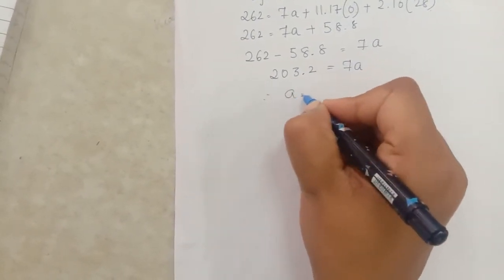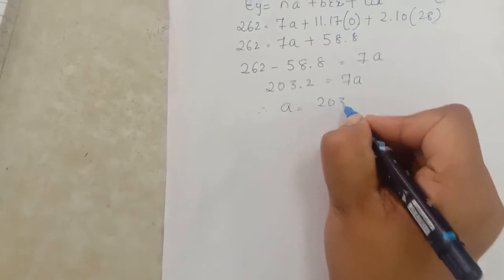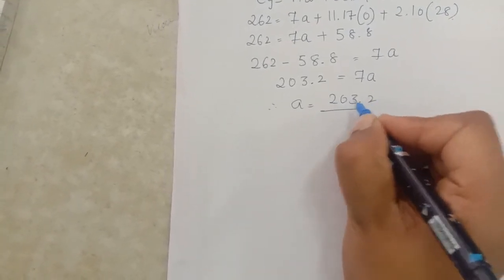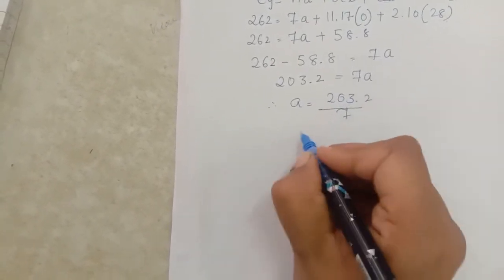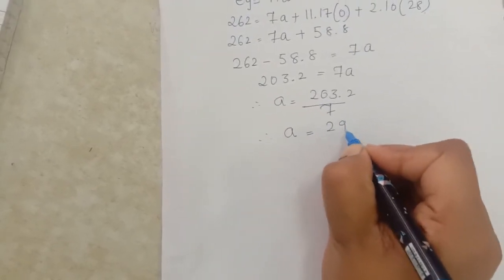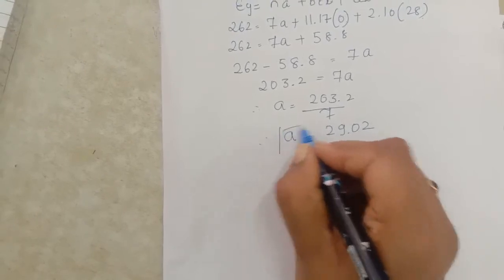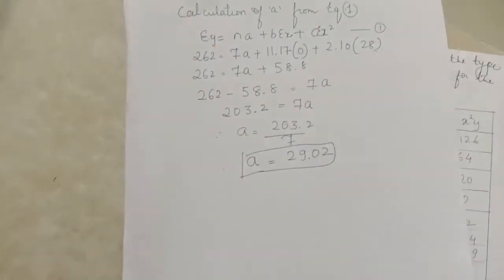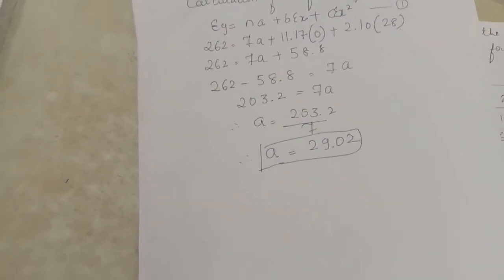Therefore a is equal to 203.2 divided by 7. So the value of a is 29.02. Now we got the values of all constants, that is a, b, c.